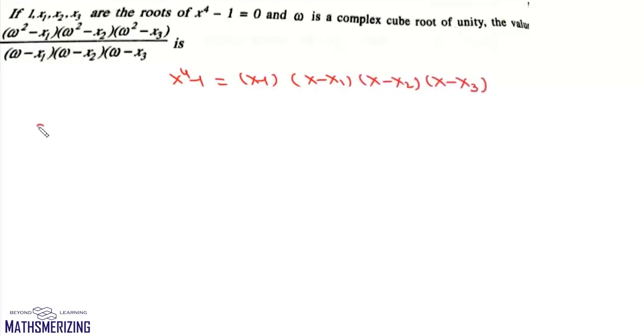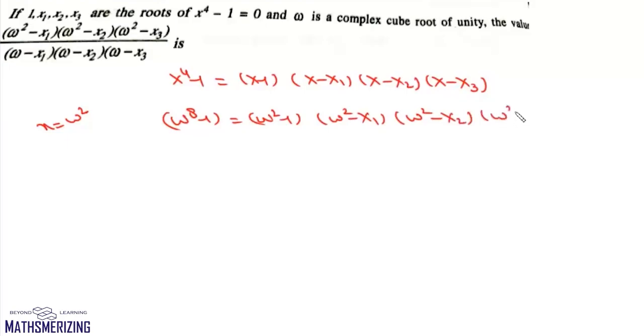Now if we put x as omega square, it will be omega to the power 8 minus 1, and it will be equal to omega square minus 1 into omega square minus x1, omega square minus x2 and omega square minus x3. Now omega to the power 8 is nothing but omega square, so it will cancel.